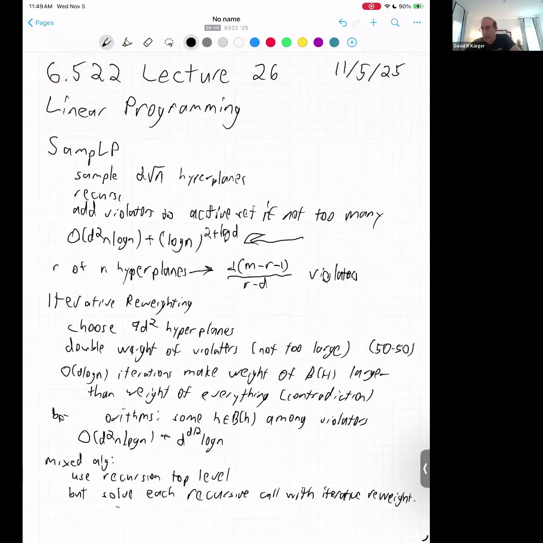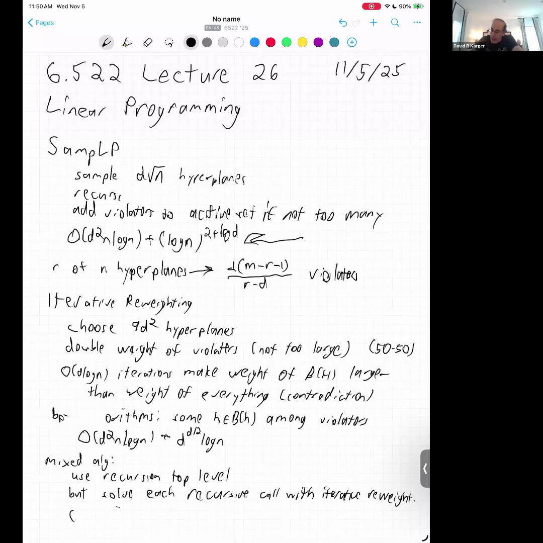Now, why are we bothering with using the sampling algorithm at the top level instead of using iterative reweighting from the beginning? Well, the advantage is that iterative reweighting doesn't have this recursive dependence, but it does spend a bunch of time growing the weights, which has this log n cost.